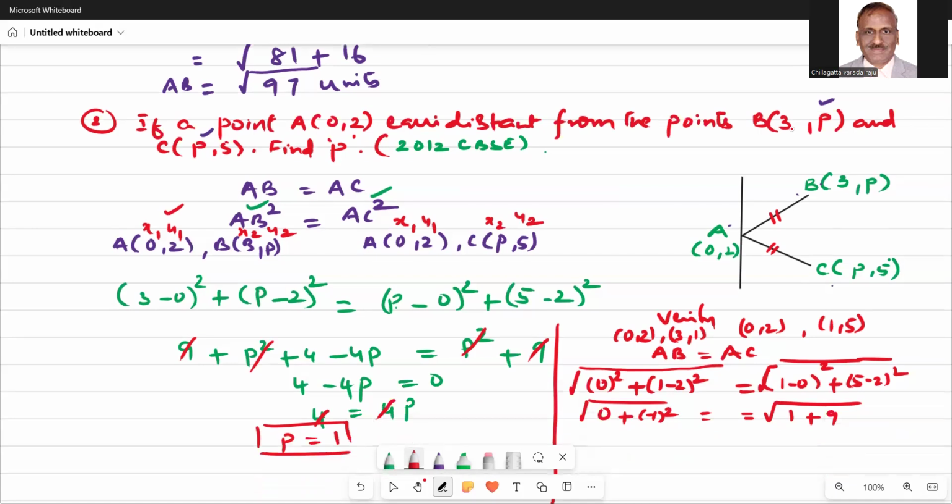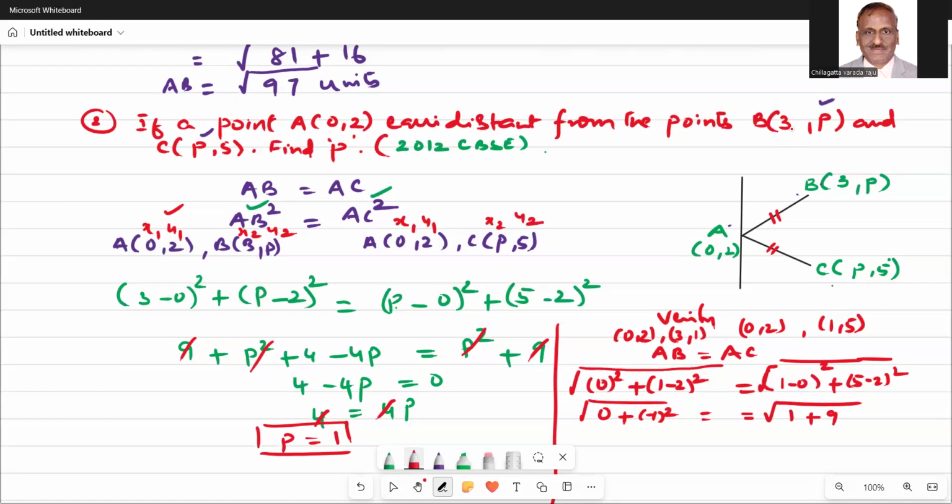So on simplification, what did we get? 3 minus 0 whole square plus P minus 2 whole square is equal to P minus 0 whole square plus 5 minus 2 whole square. 5 minus 2 whole square is 3 square is equal to 9. Okay, for these values, it's not satisfying.